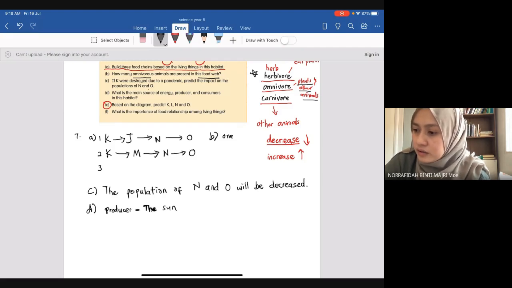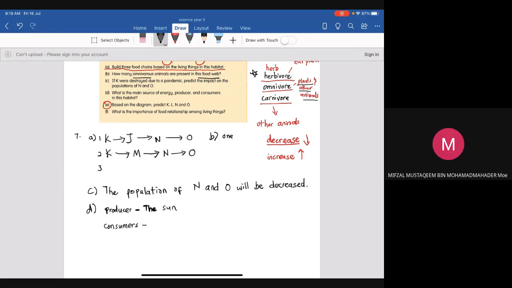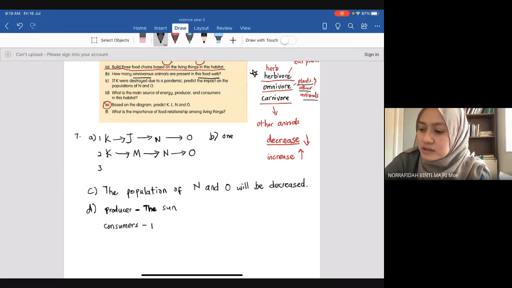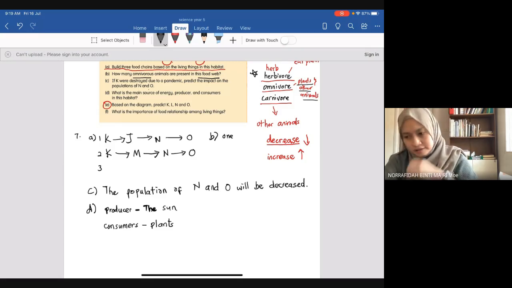And then consumers. Consumers means the animals in the food web. Which one is the food source for the animals? Plants. Okay, you write down plants like this. So the answer for D is this one.